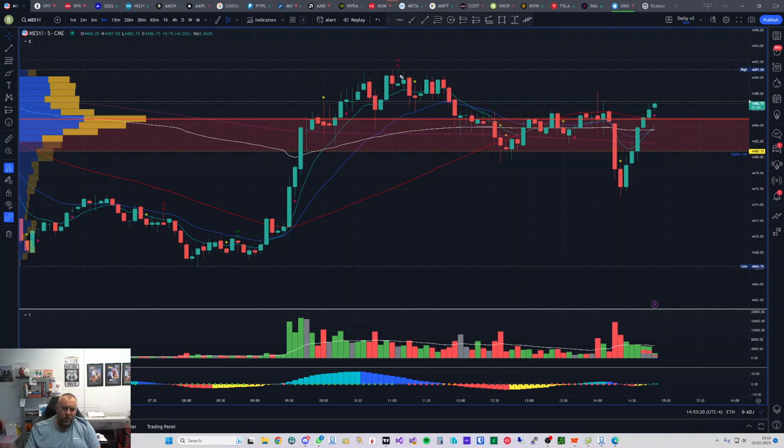As you can see, it did breach it, but it wasn't a convincing breach, and the reason I kept in was because I was watching volume. So we had the initial volume bars on the open, these ones, which I normally ignore because they're quite high volume anyway. And then if you look, we've had a decline in volume all the way down.